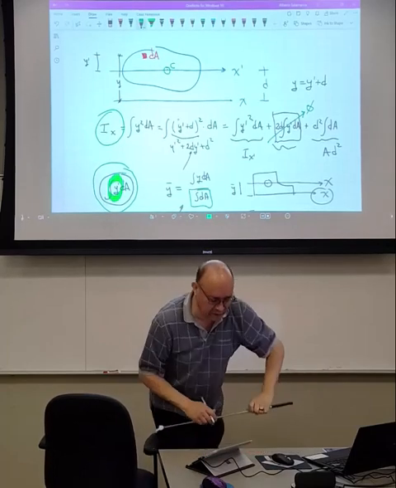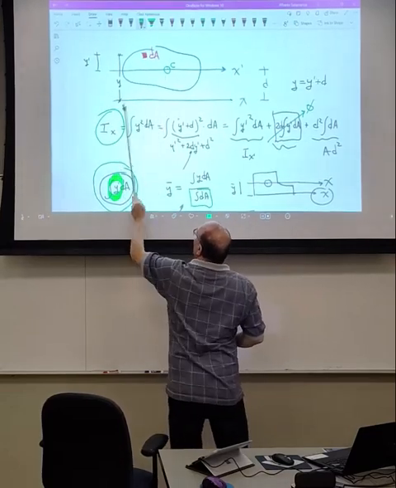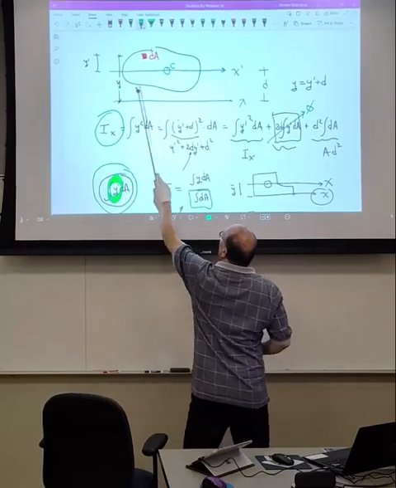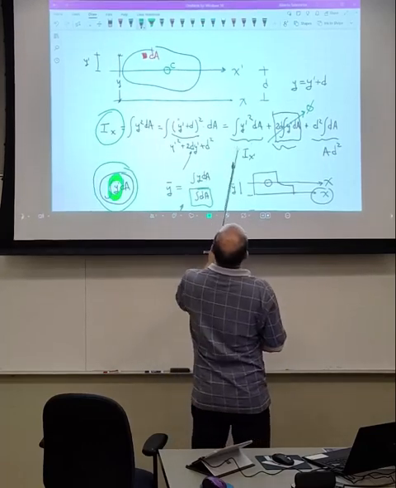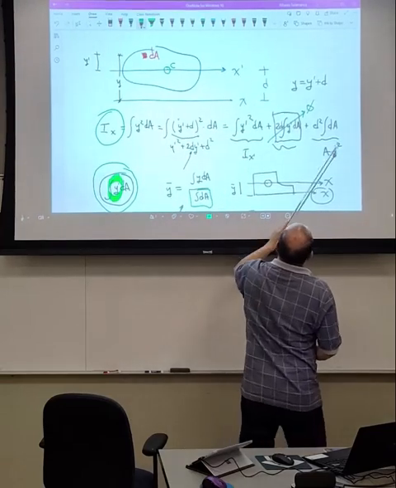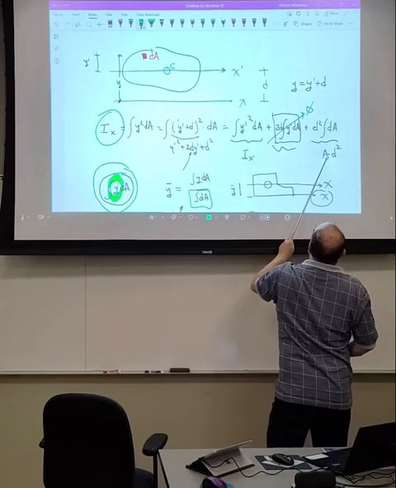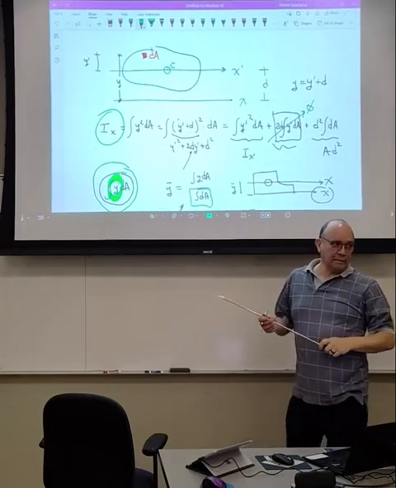This is the centroid, right? The moment of inertia of a figure with respect to an axis parallel to the centroidal axis is equal to the moment of inertia with respect to the centroidal axis plus A d squared, where d is the distance between those two axes.